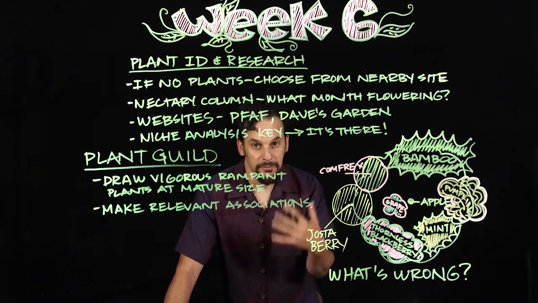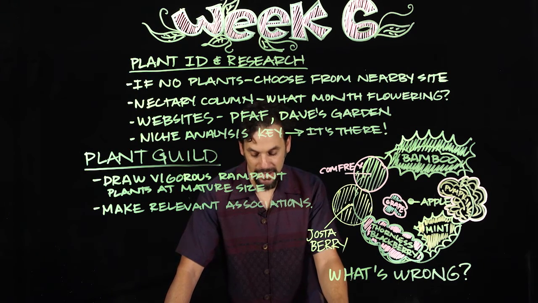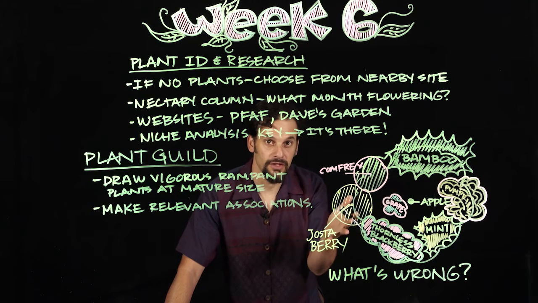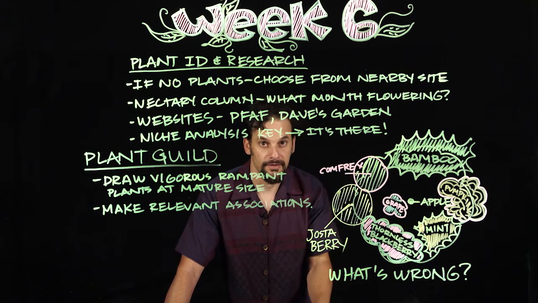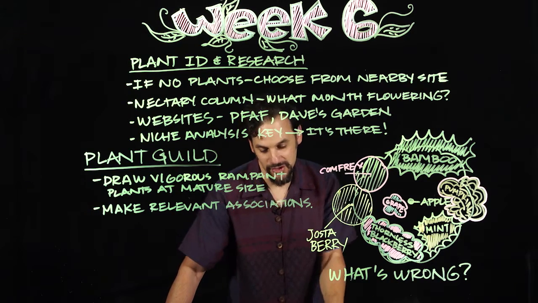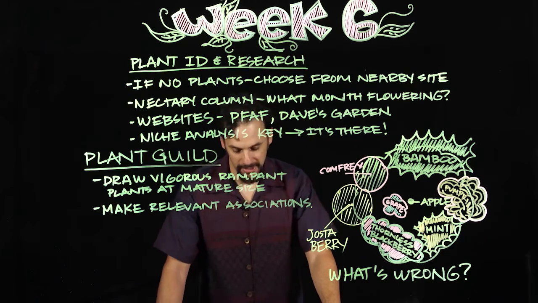So that would be the third request we have of you in this assignment, is to make sure that you cover every ecological function within the guild that you present. So this one that I drew actually does not cover every ecological function in the material. I just wanted to show you a bunch of very rampant plants.